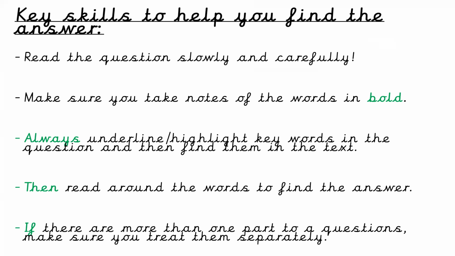Number two, make sure you take notes of the words in bold. Number three, always underline and highlight key words in the question and then find them in the text. Number four, then read around the words to find the answer. Number five, if there are more than one part to a question, make sure you treat them separately, so you answer them separately.